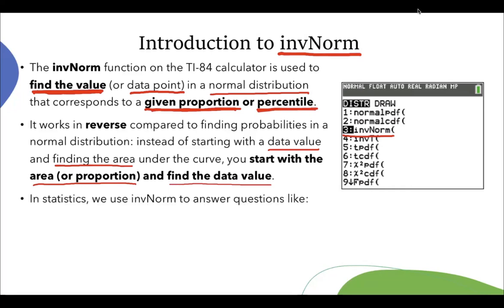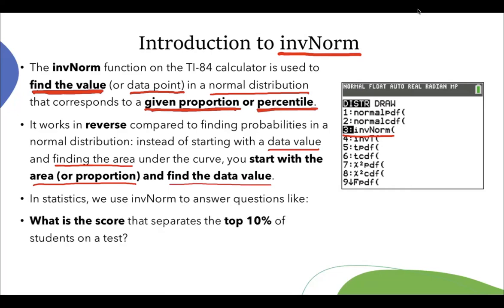Questions using invNorm could be phrased like this. What is the score that separates the top 10% of students on a test? So the question is not asking for probability or proportion of area. It's saying what is the score? So it's asking for the data point, the value in the distribution.